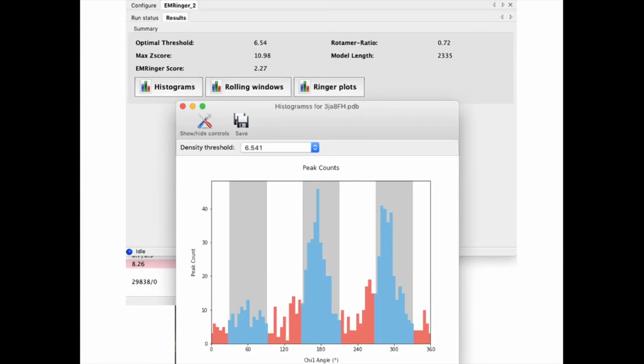But also it is actually a backbone quality measure, because the thing that gets these wrong most often is when the C alpha C beta angle is wrong, and that comes from your backbone misfitting. So it's an overall measure of map quality and of backbone fit quality.